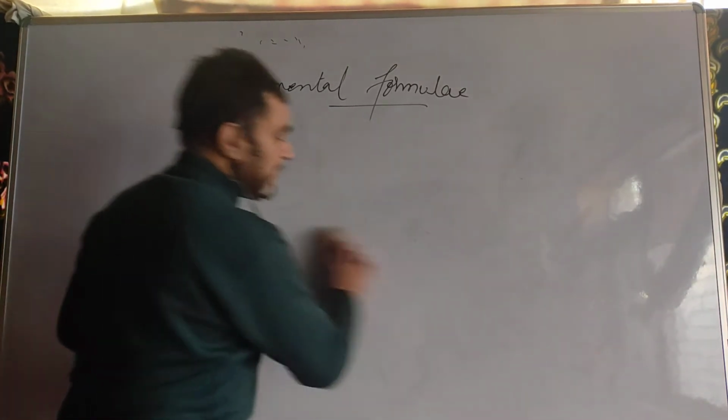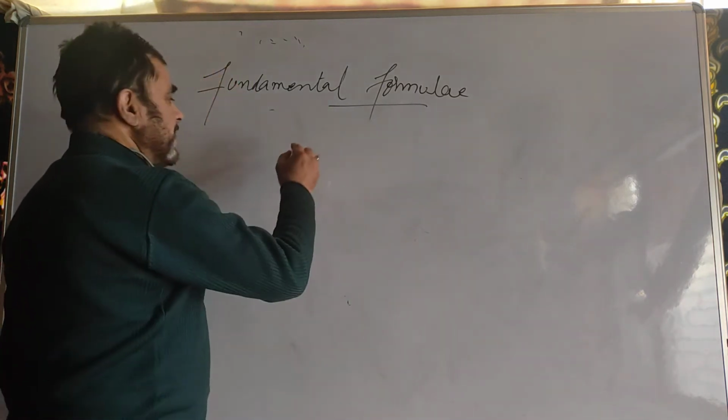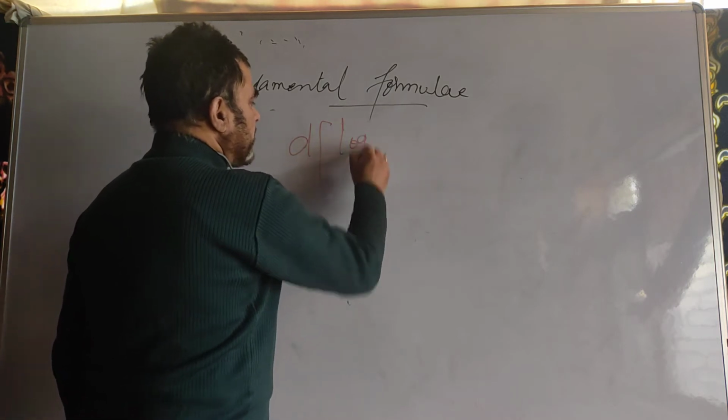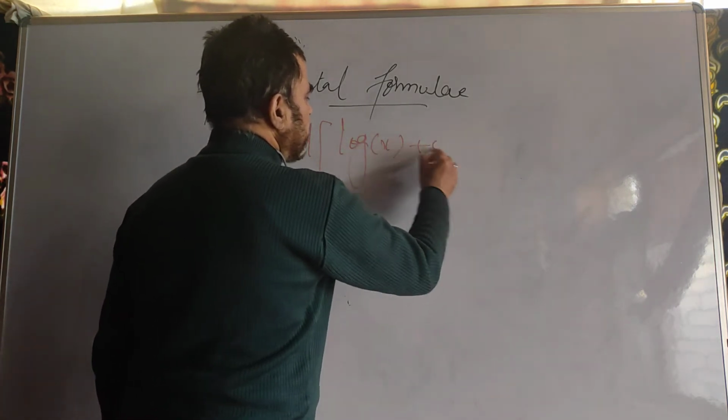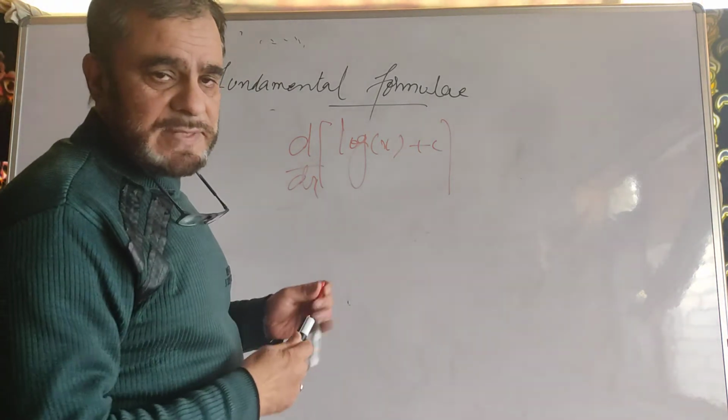You can also have the proof of the second result. Suppose you take the derivative of log f(x) plus c with respect to x. How do you find its derivative?